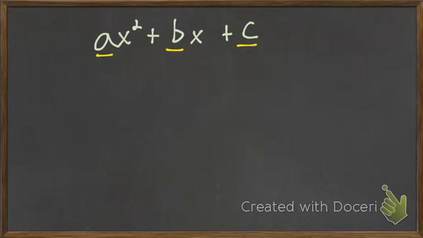But we need to be able to factor these into the two parentheses that we've seen in the last few days. To do that, we're going to have to follow some steps, and we're going to take some notes today over the different steps of solving these problems.